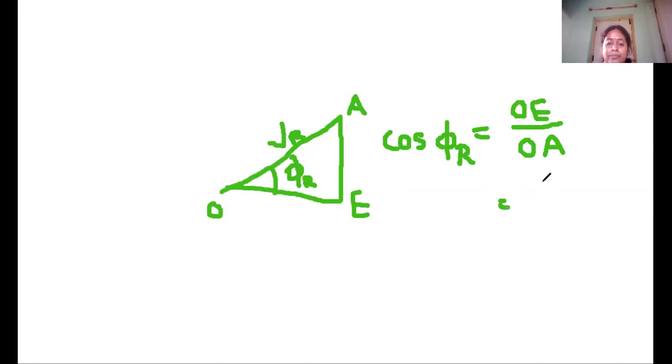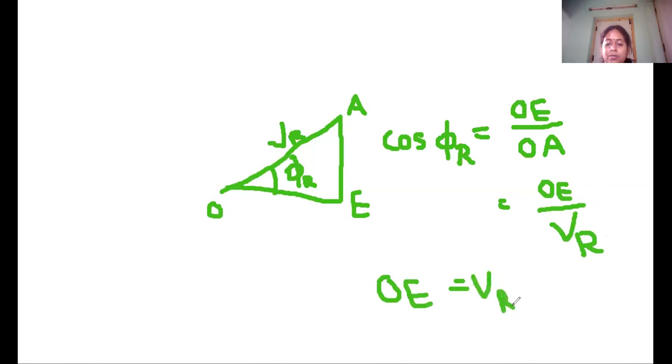So in place of OA we can substitute the value of Vr. So OE equals Vr cos phi r.